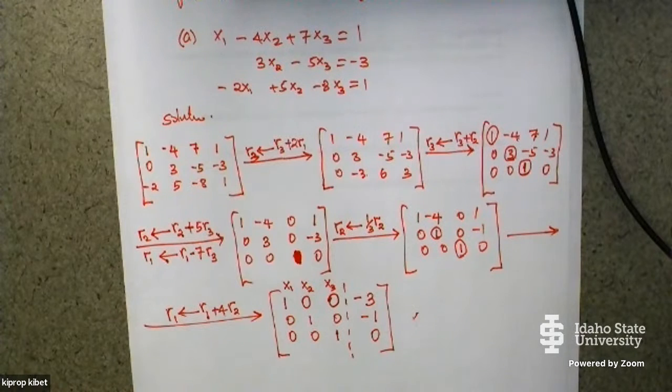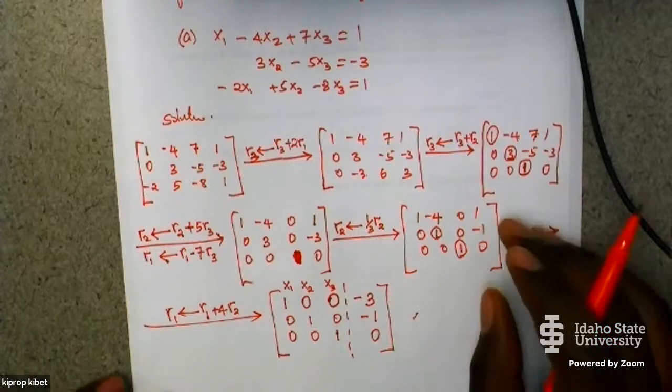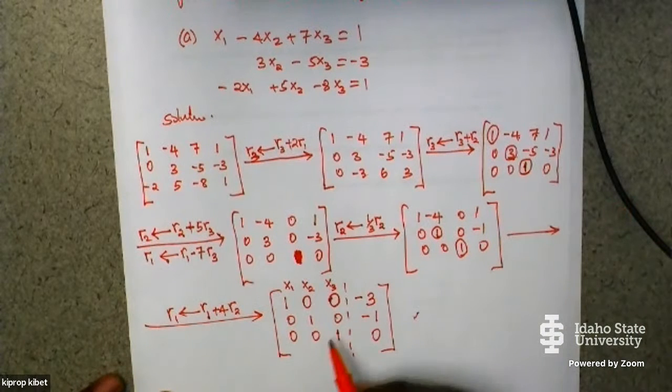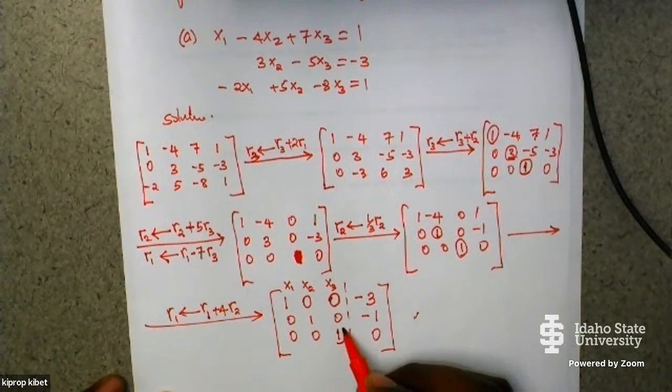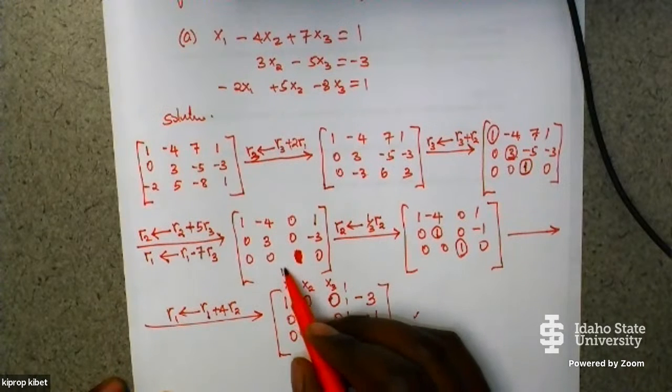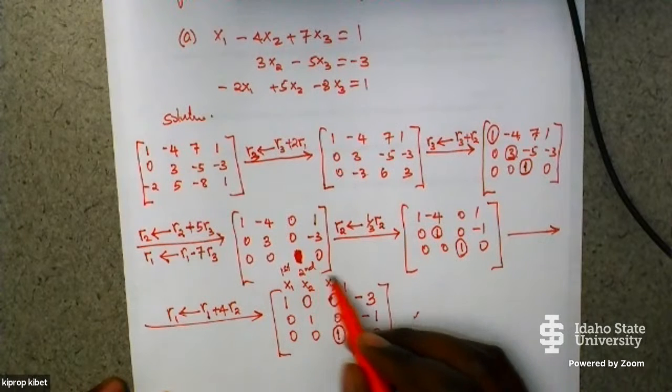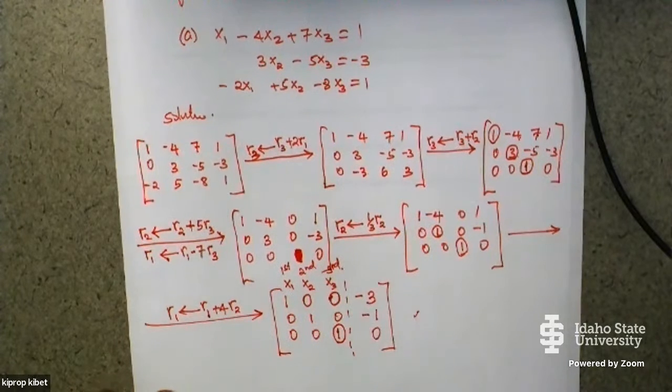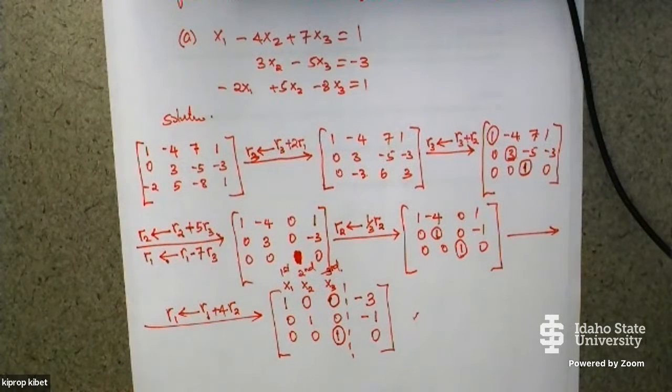So in this case, we have only the basic variables, because this one is the leading entry. We don't have another one, because the first, the second, and the third rows are giving us the pivot positions. So these are the pivot columns.